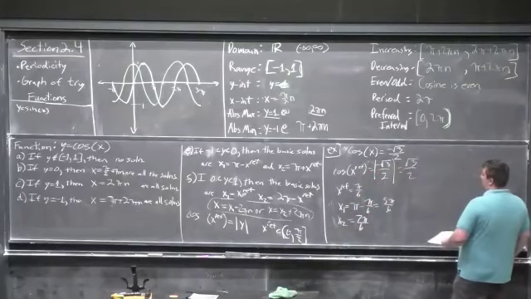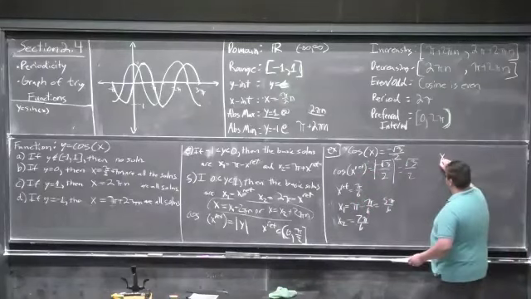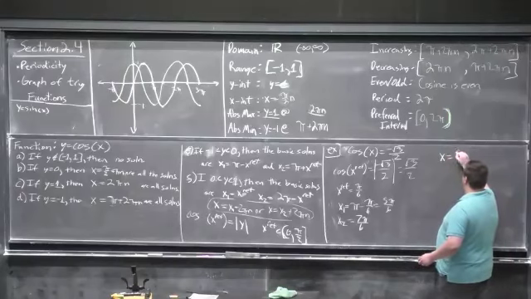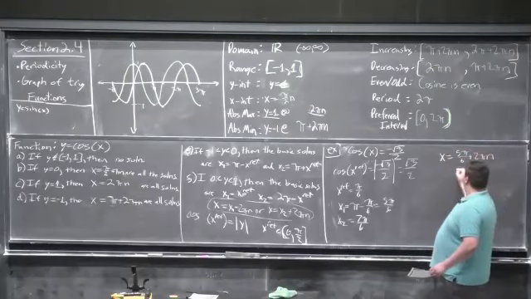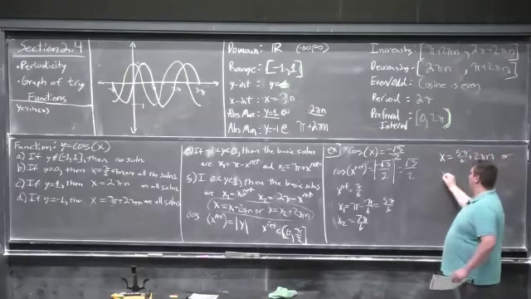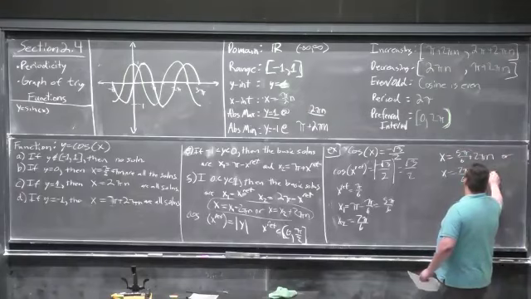So what we get is x is equal to 5 pi over 6 plus 2 pi n, or x is equal to 7 pi over 6 plus 2 pi n.